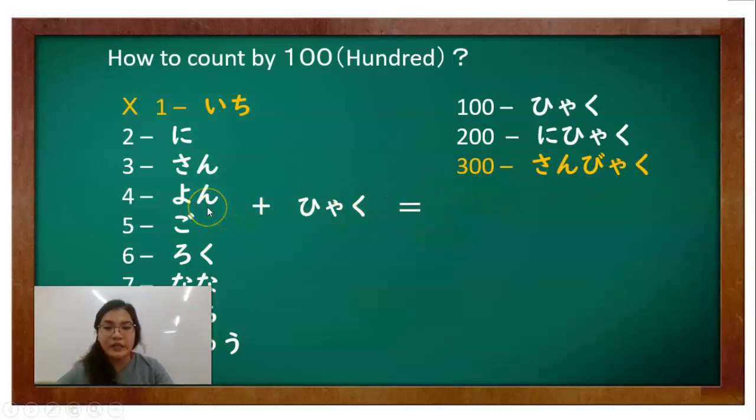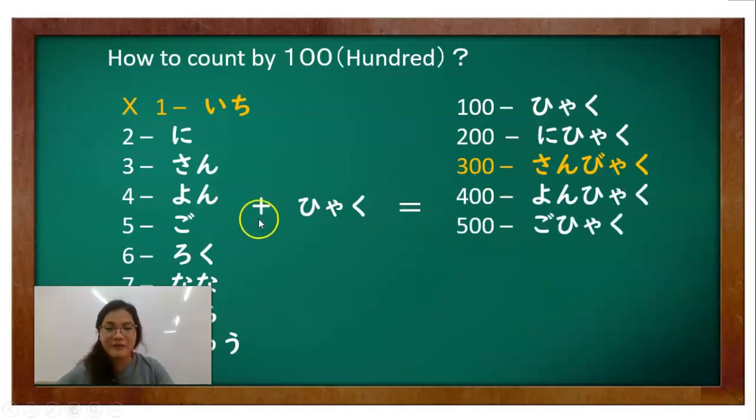How about 400? 400 is yon plus hyaku, which equals yon hyaku. Next, 500 is go plus hyaku, which equals go hyaku.